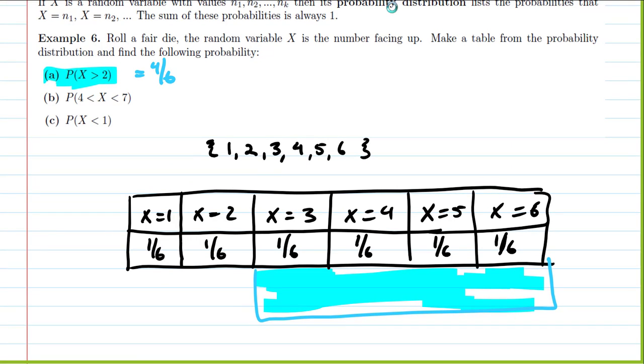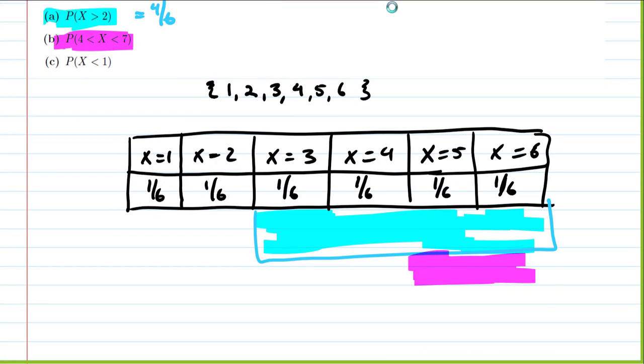So we want the probability that x is less than 7 but bigger than 4. Well, that's going to put us right here. So there are 2 ways, so 2/6 that can happen.